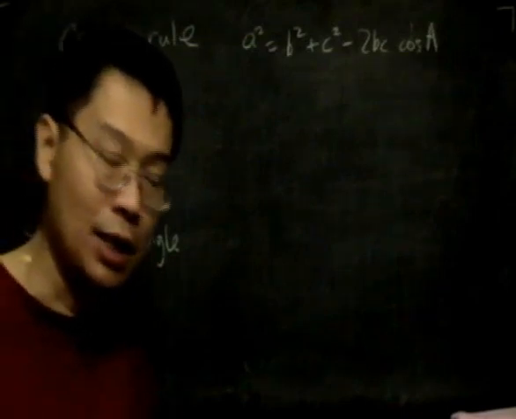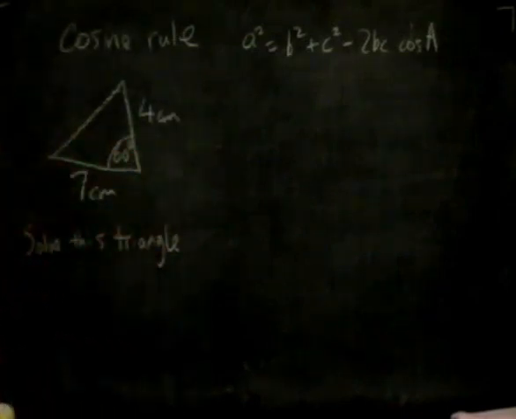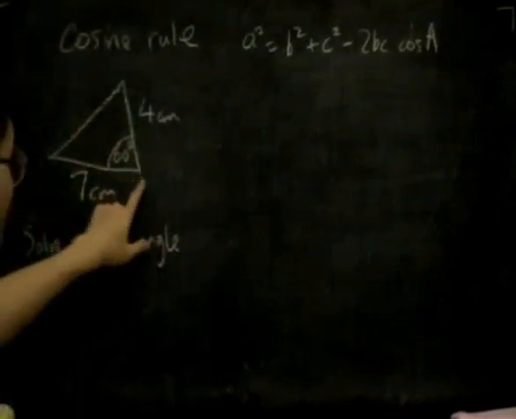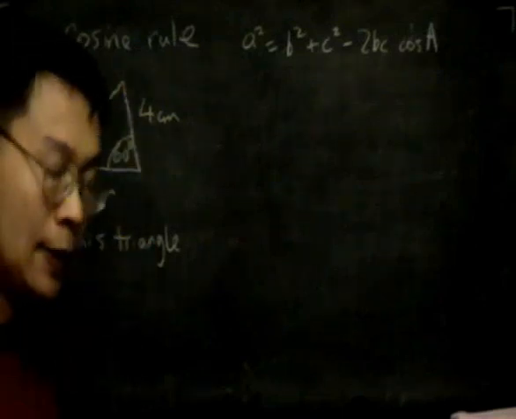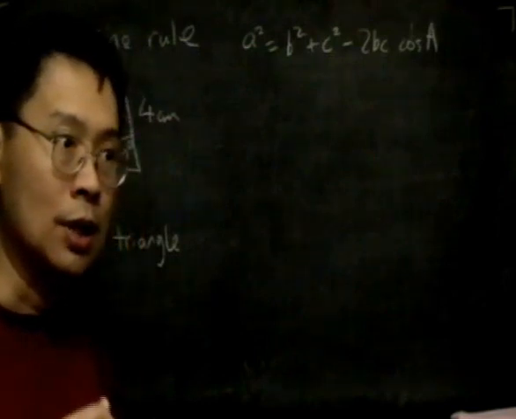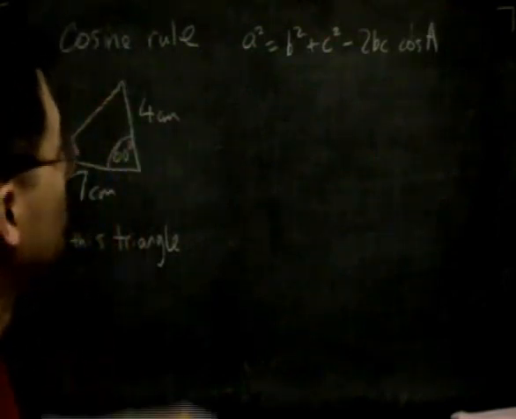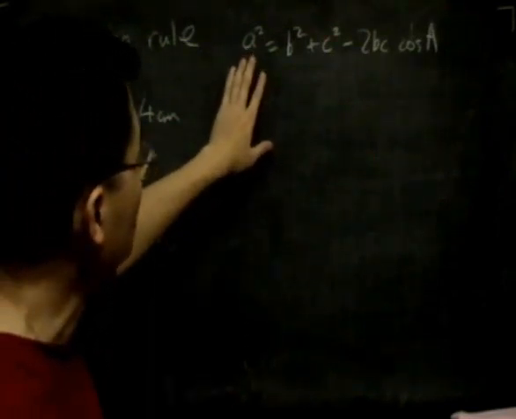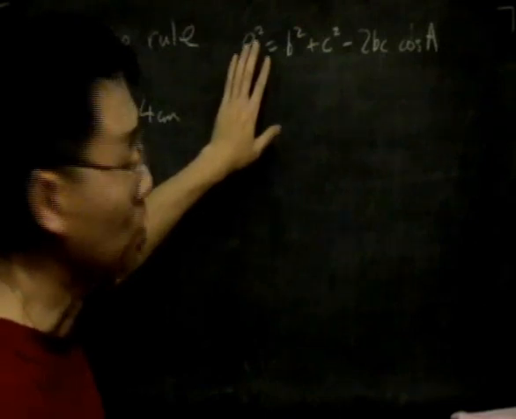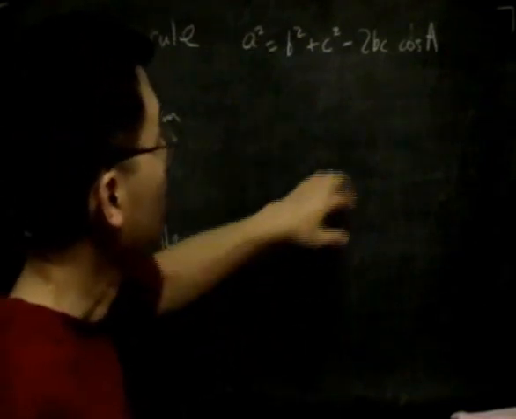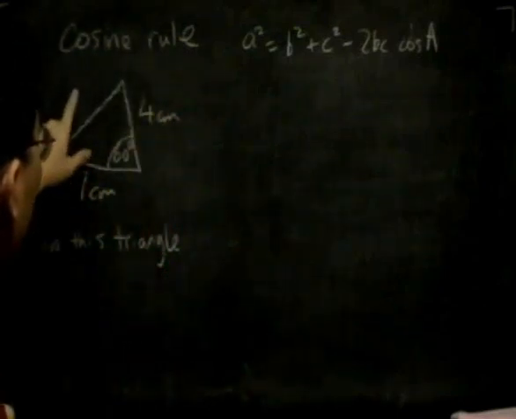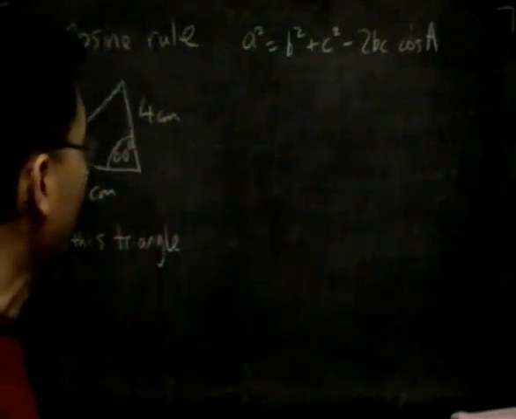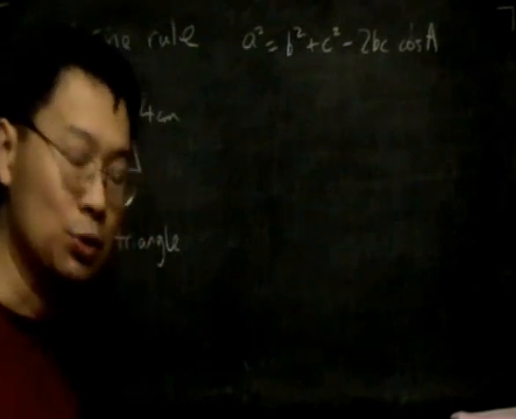Now the next thing we want to think about is to label the corners and the sides. There's a little trick in doing this, because if you look at this formula, you have the sides A, B and C. Which of these sides should we call A, which one should we call B, and which one C?